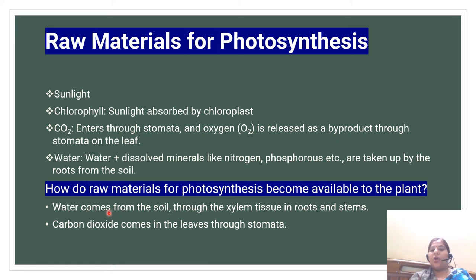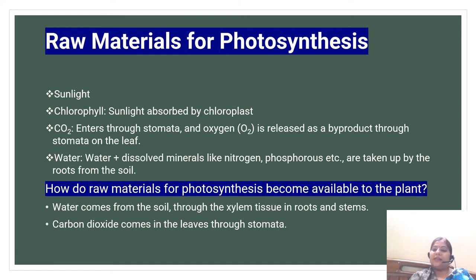And water along with the minerals is transported through the xylem tissue. This you have already read in class 9th about vascular tissues. This is how the raw materials reach the leaves so that plants can do photosynthesis.